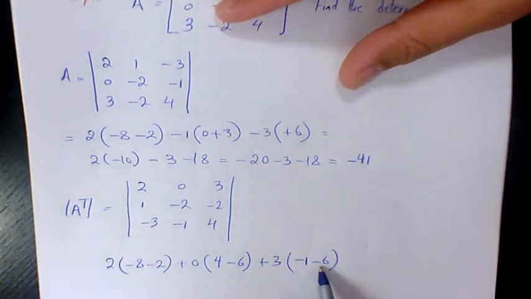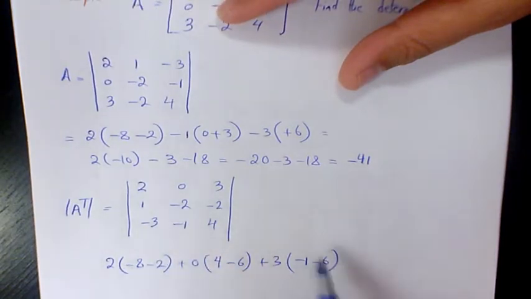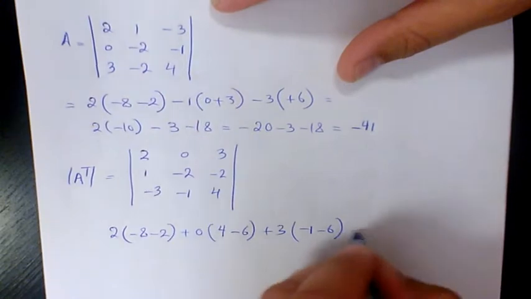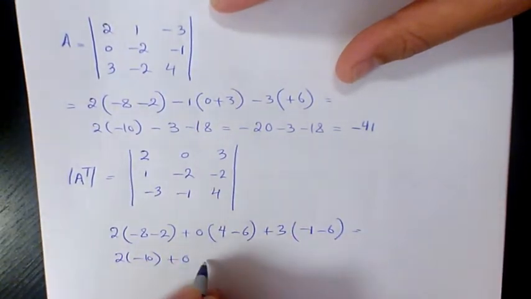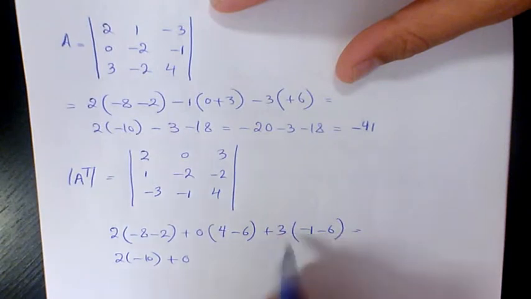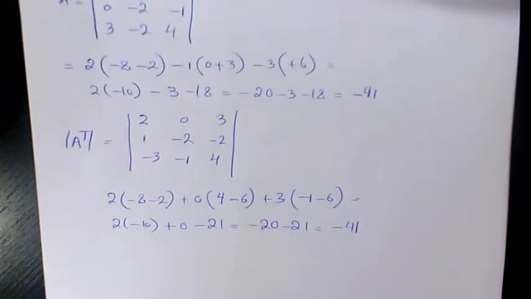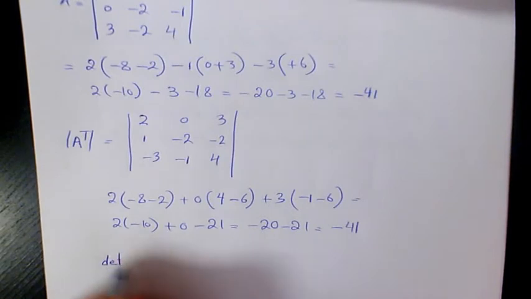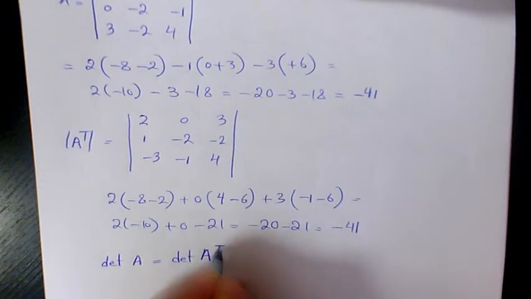That's why it's negative 6, because negative 2 times negative 3 is positive 6, so minus 6. So that's going to be 2 times negative 10 plus 0, and here negative 7 times 3, negative 21. So negative 20, negative 21, which is negative 41. So the determinant of A is always equal to the determinant of the transpose of A.